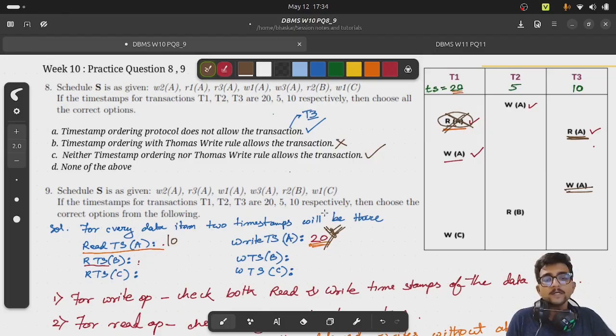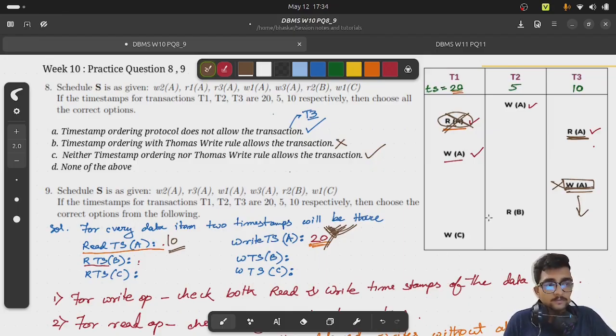But Thomas Write rule will say, okay, ignore the write timestamp being greater, but the read timestamp is a lesser value, so I will not object. You can go ahead with the transaction, just ignore this write, do not execute it, and go ahead with the other operations in the T3 transaction, right?